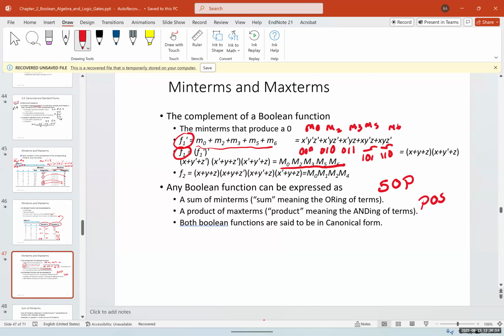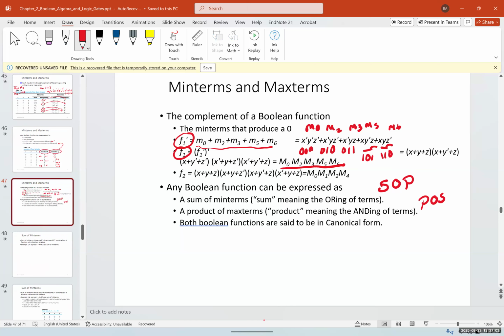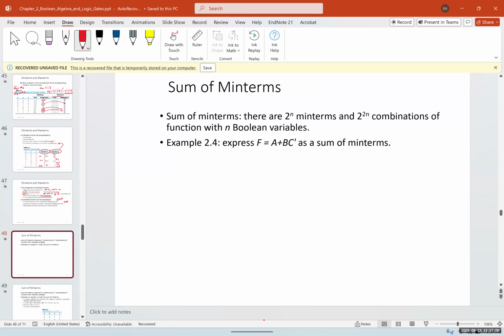Both Boolean functions are said to be in a canonical form. And I will solve some practice problems so you get used to it. For sum of minterms, there are 2 to the power of n minterms and 2 to the power of 2n combinations of functions with n Boolean variables.